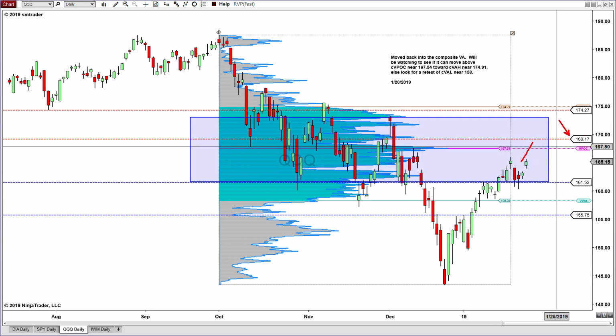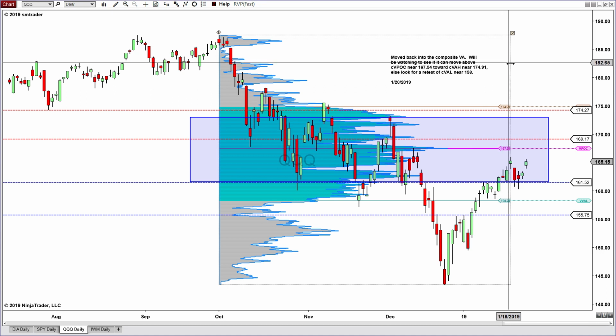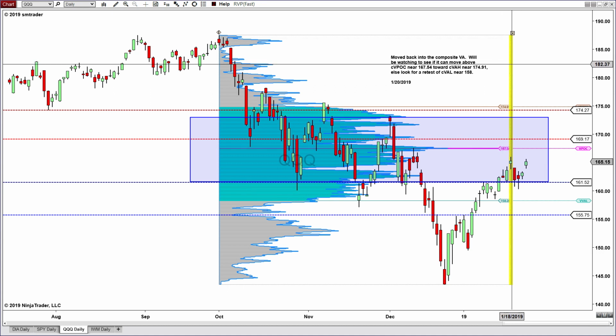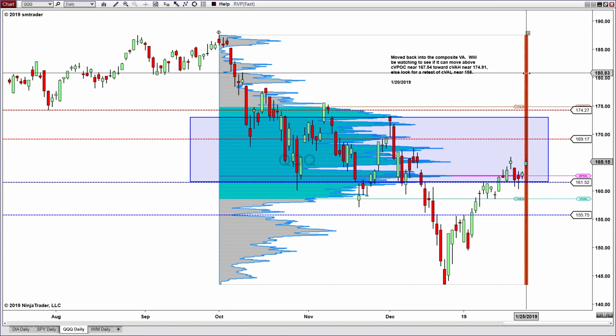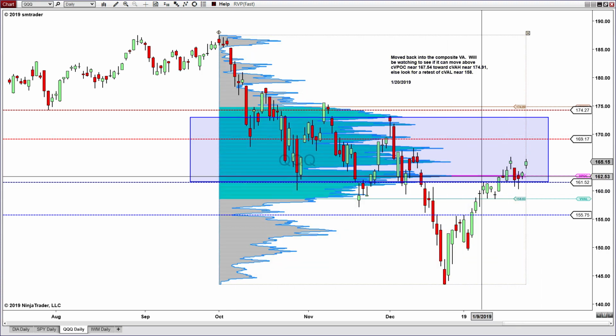So essentially come up, move to this point of control and try to work itself up to this 174.27 near this value area high at 174.91, or round it off to 175. And if I shift this over to cover last week's price action, you can see that it also shifted down the point of control, just like the SPY.